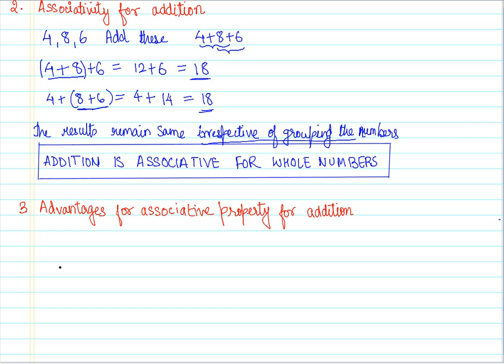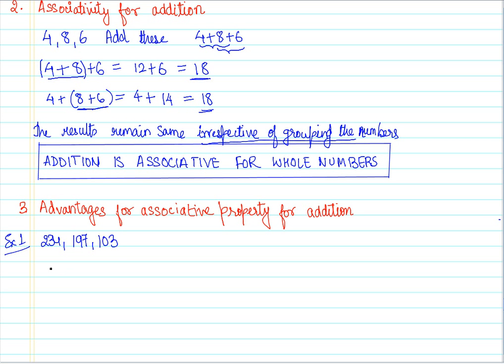Now let me try to explain one advantage using an example. Let us say that we have three numbers which need to be added. For example, the three numbers are 234, 197 and 103. Now I would like to add these numbers. So how do I do it? I just have a look at the numbers. I can add them anyhow.